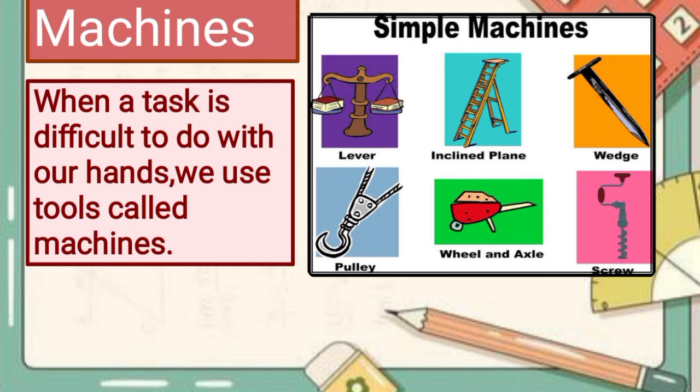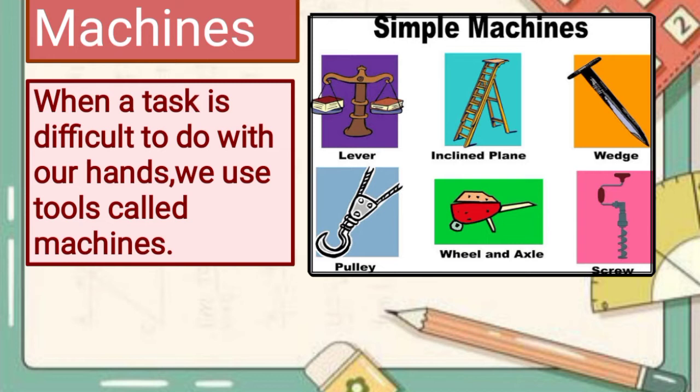Even a pair of scissors is an example of a lever. When we use a spoon handle to open the lid of a tin, the spoon acts as a lever. So a spoon is also an example of a lever.